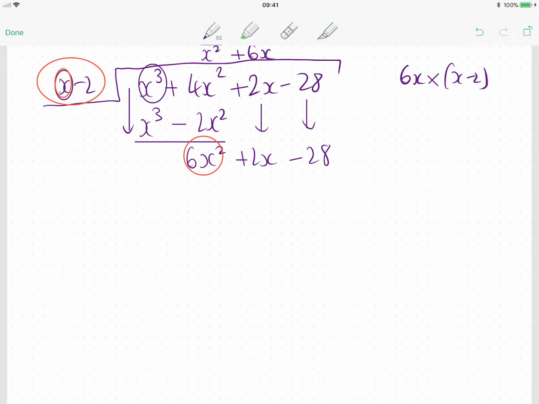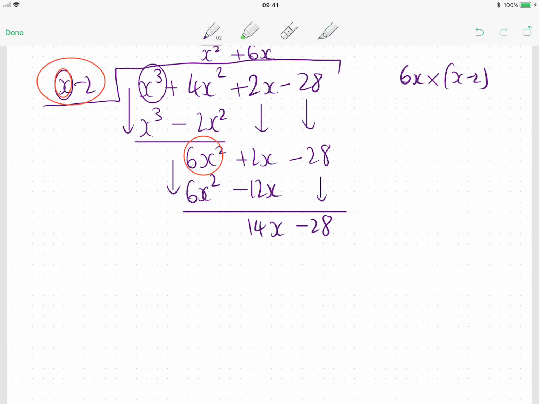So we get 6x squared take away 12x. Okay, so again, we're going to subtract downwards. So 6x squared take away 6x squared is 0. We have 2x take away minus 12x. So minus minus is a plus. And we're just going to bring this down.